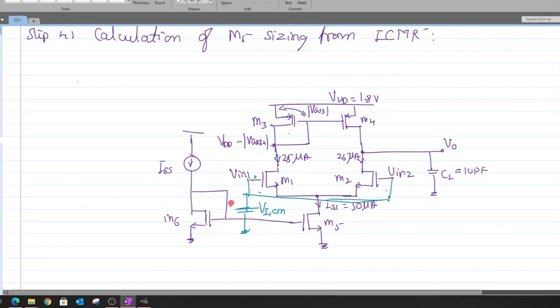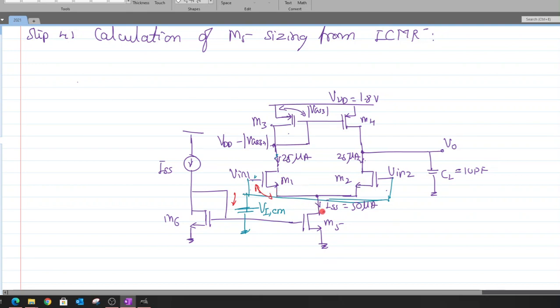While reducing this value, I have to ensure that there is a current flowing whose value is supposed to be equal to 25 microamperes, for which I need a particular value of VGS for my M1 and M2 transistors.